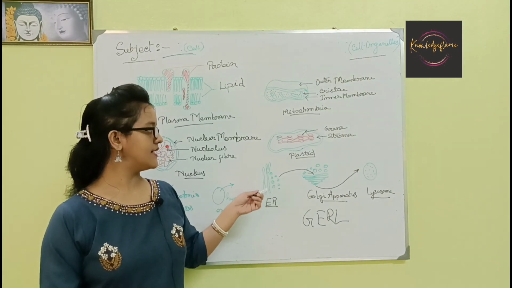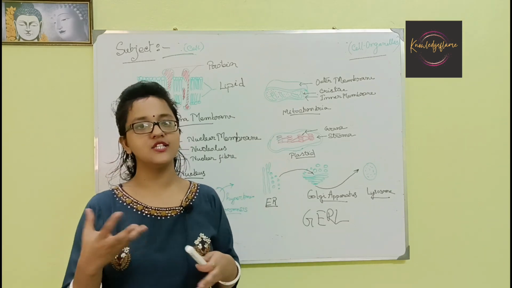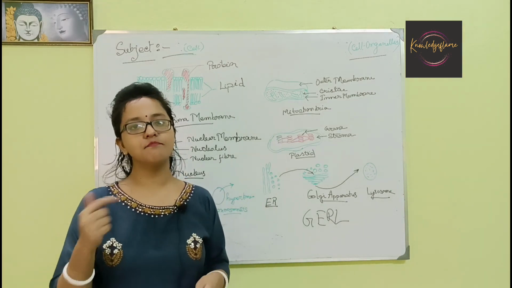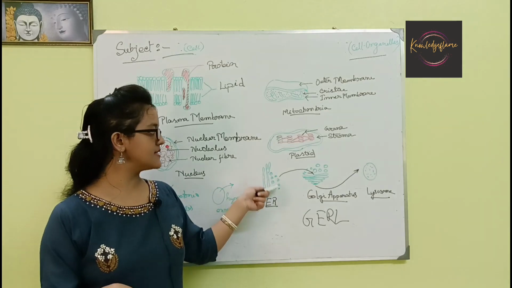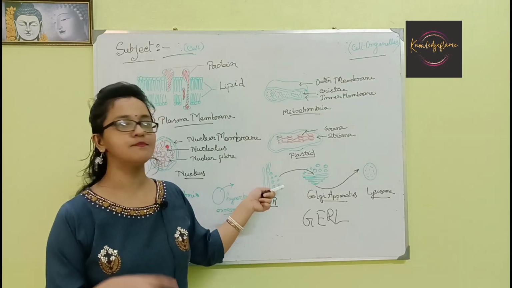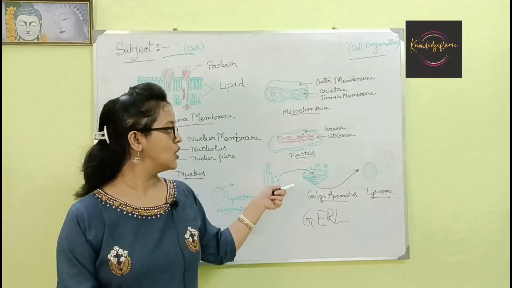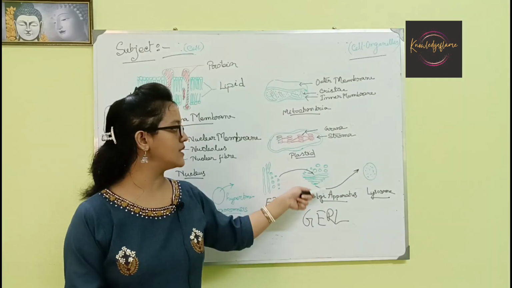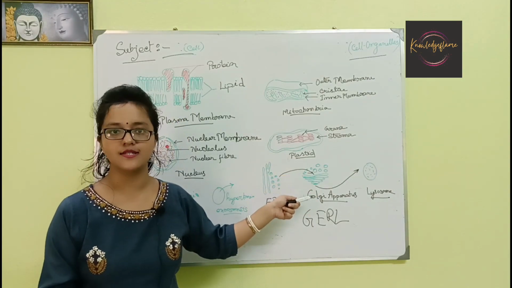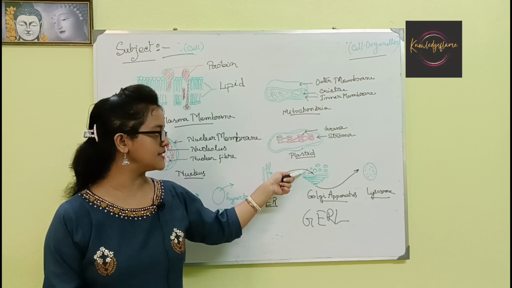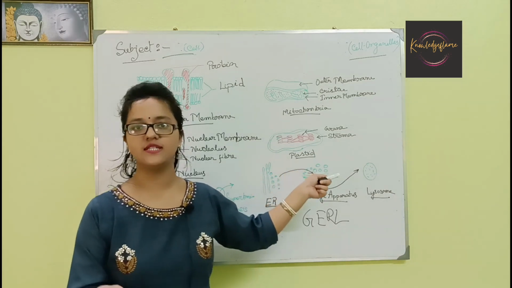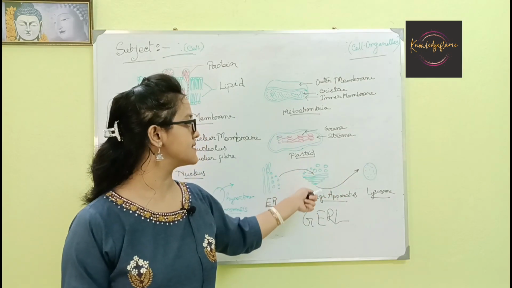Now, from RER, the polypeptide chain is synthesized and is packed in the vesicle, and this vesicle conveys this polypeptide chain to the Golgi apparatus. Golgi apparatus has a basic structure. This is a small vesicle, this is large fluid-filled vacuole, and this is cisternae.